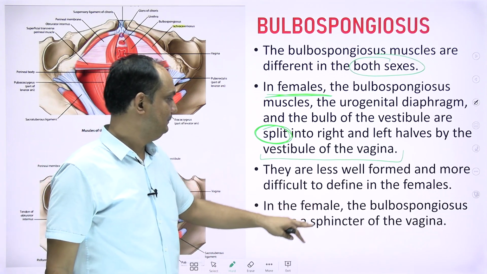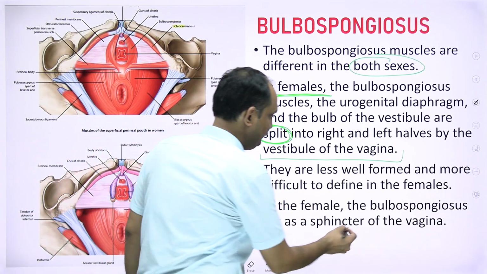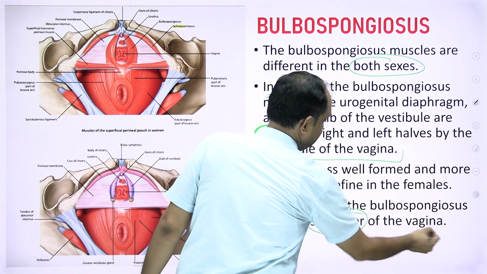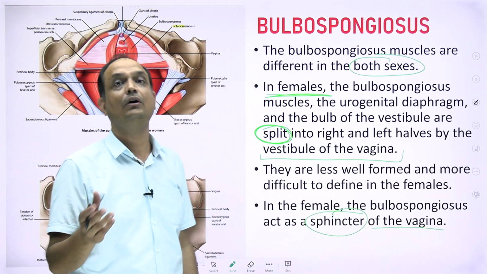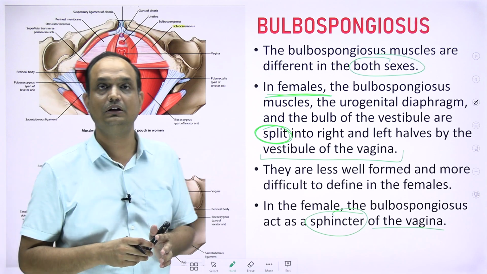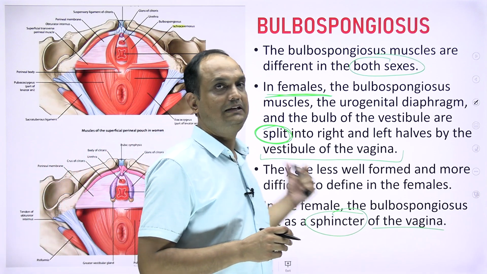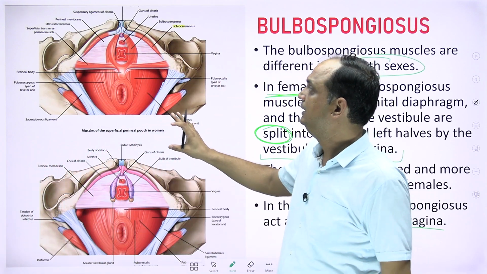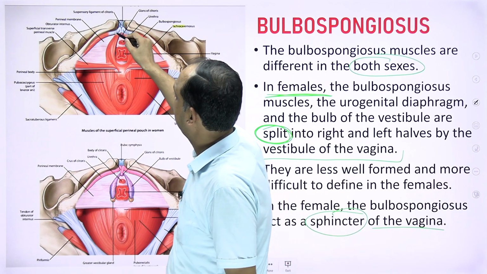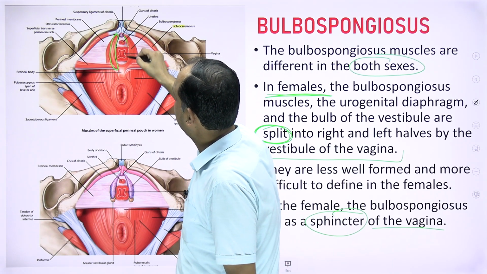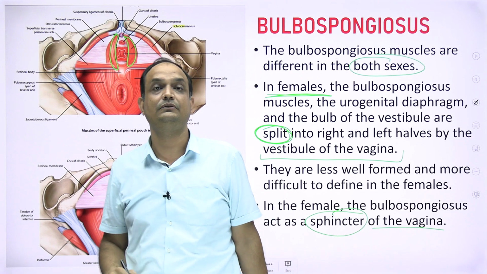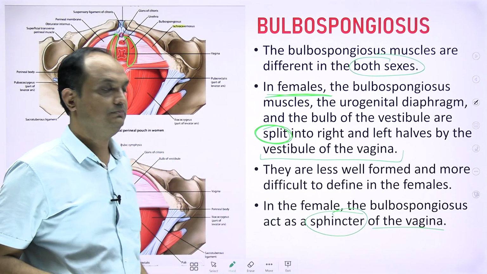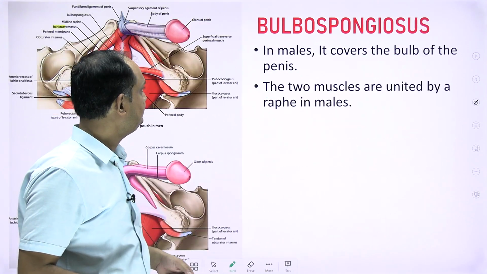In the female, the bulbospongiosus acts as a sphincter of the vagina rather than having any action on the clitoris. So, when you see the female perineum, you can find these 2 paired muscles on both sides of the vaginal canal, and they are known as bulbospongiosus.